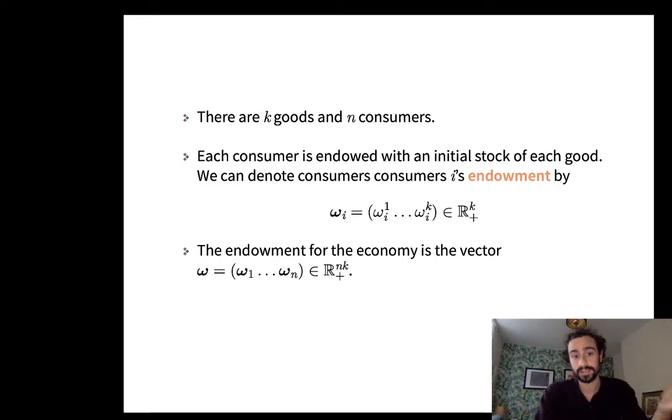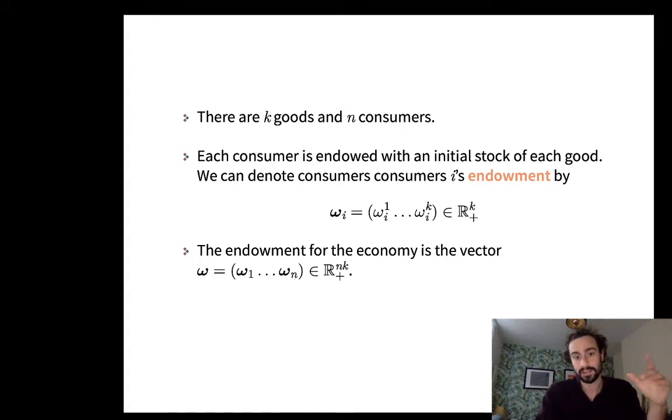So the endowments of the consumers are actually vectors, right? It's how much of good one do I have, how much of good two do I have, up to how much of good K do I have. And each consumer has a vector. That vector will be given by the bold-faced omega. So omega is an initial point, which is confusing because omega is the last letter in the Greek alphabet.